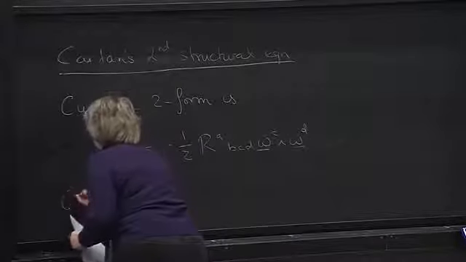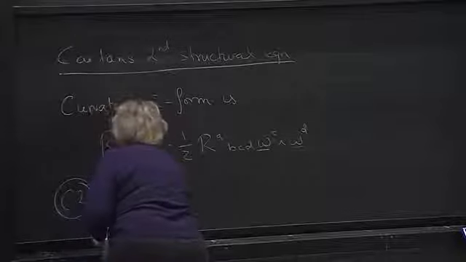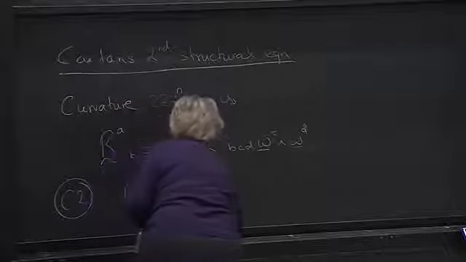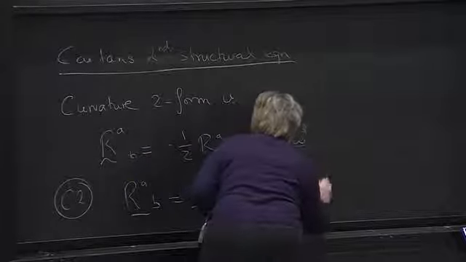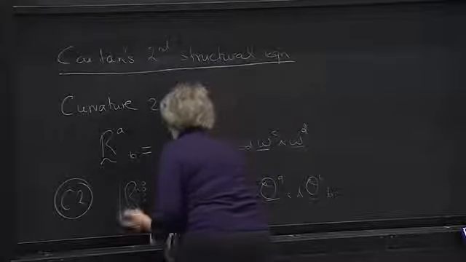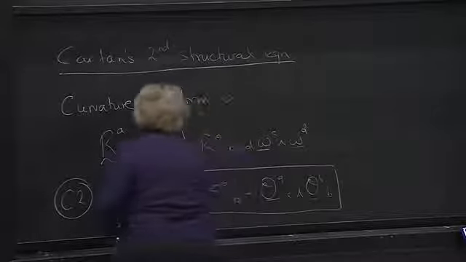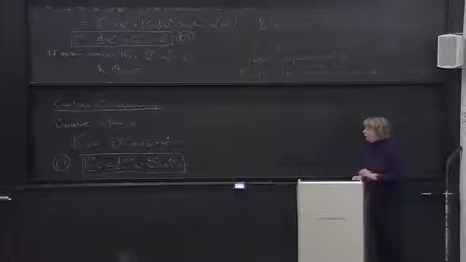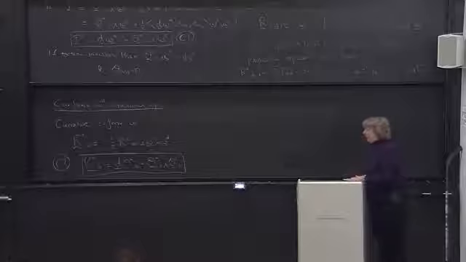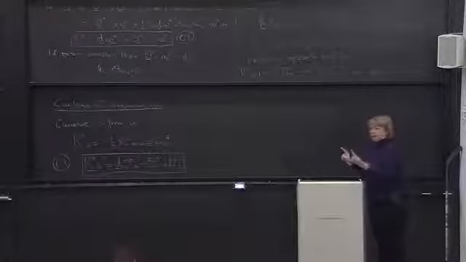So Cartan's second equation relates the curvature to a derivative of the spin connection plus a commutator, or wedge product, of spin connections. So again, that will be familiar from a gauge theory expression.